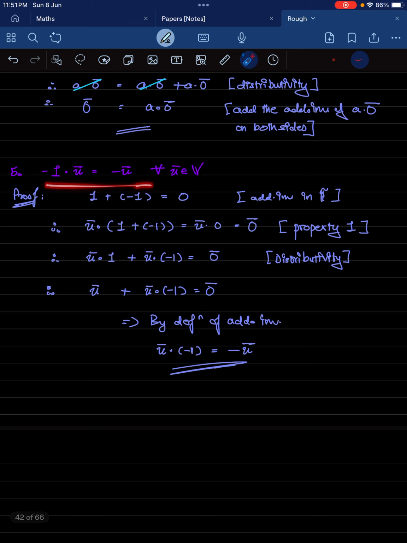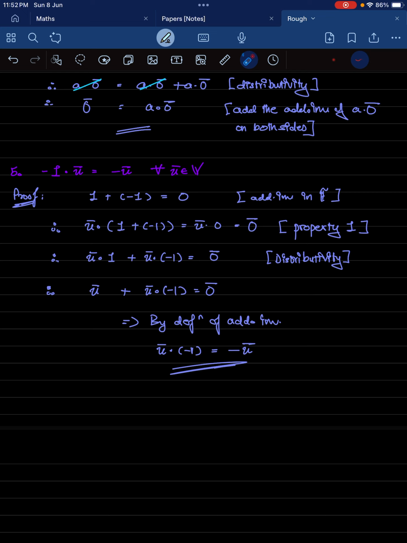Similarly, minus 1 times u happens to be the additive inverse of u. Why isn't that surprising? So let's do that. Now again, in the fields, that's where I also did this, that minus 1 times a number is the additive inverse of that number. So it worked there. Similarly over here, 1 plus minus 1 is 0. That's the property of the field. And now here, if I multiply u on both sides, the RHS will evaluate to the 0 vector.